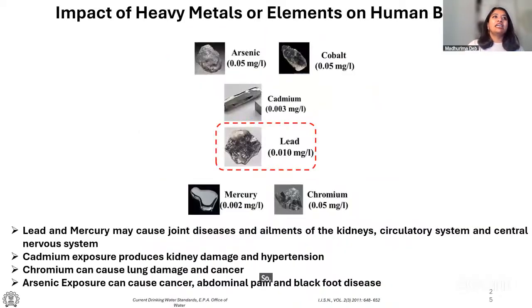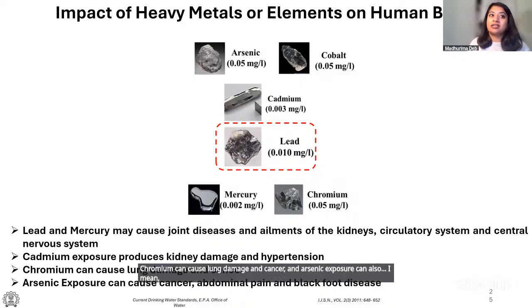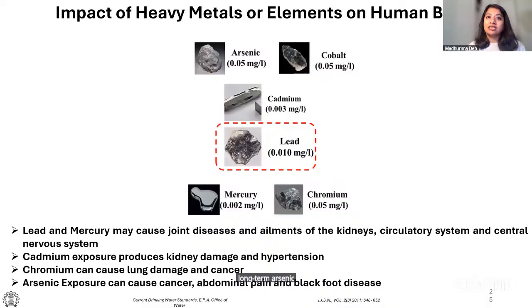For example, lead and mercury can cause joint diseases and ailments of the kidneys. Cadmium can cause kidney damage, and chromium can cause lung damage and cancer. Long-term arsenic exposure can cause skin damage, abdominal pain, blackfoot disease, and so on.